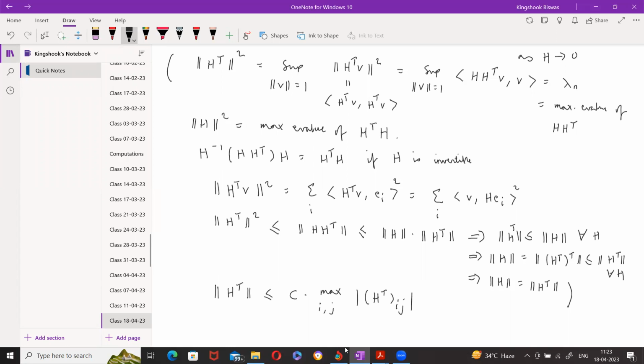And this is the same as the max over Ij of mod of H Ij, because H transpose and H have the same entries, just permuted. And so this norm is again less than a constant times the operator norm of H. So you can at least say that norm H transpose is less than some constant times norm H.